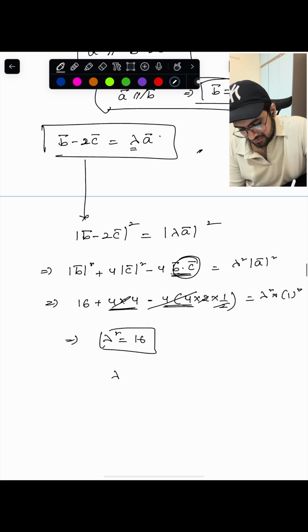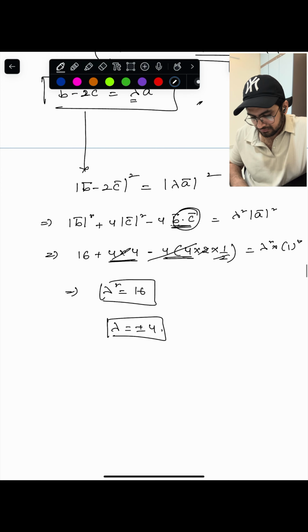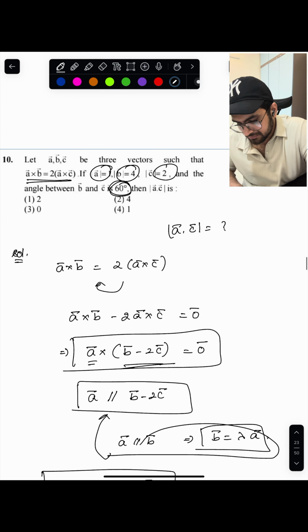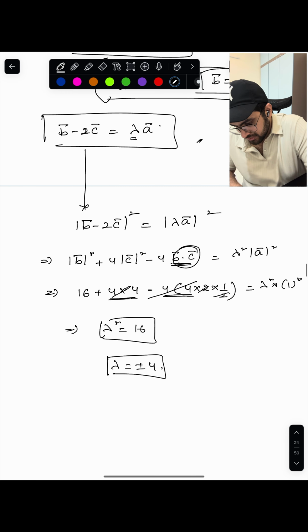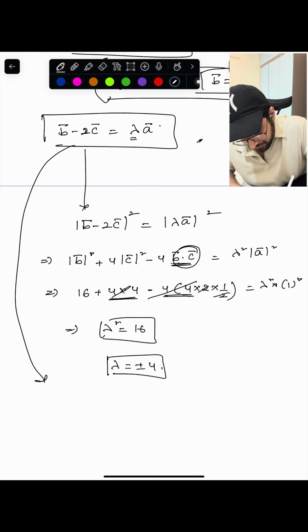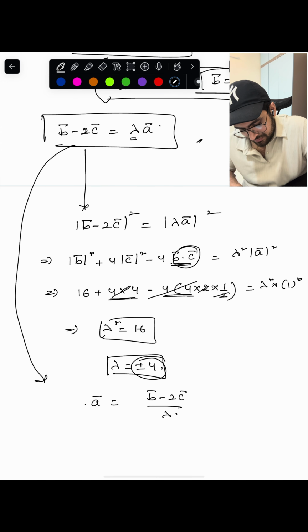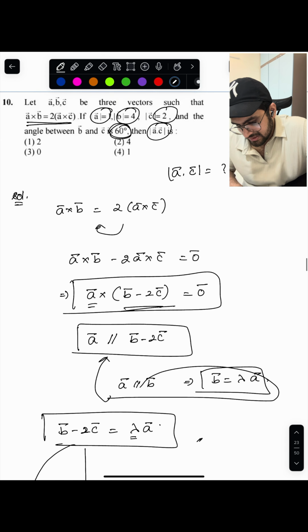So lambda is equals to plus or minus 4. Okay, now what we need to find here? A bar dot C bar, right? So we need to find, so already we got here lambda A bar means, or A bar means, from this we can write B bar minus 2C bar by lambda. Lambda we can take plus or minus 4. So what we need? A bar dot C bar, right?